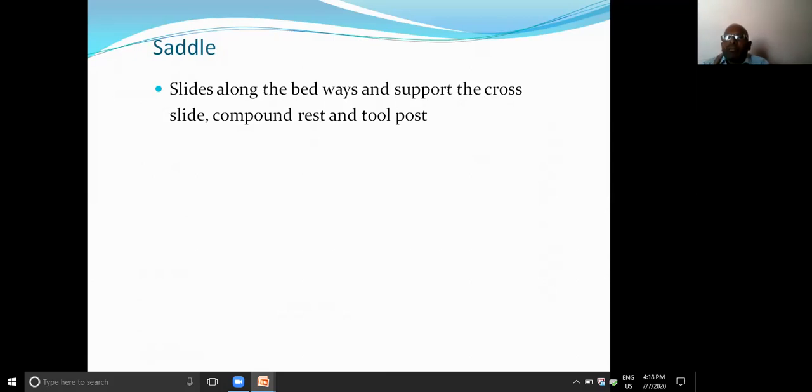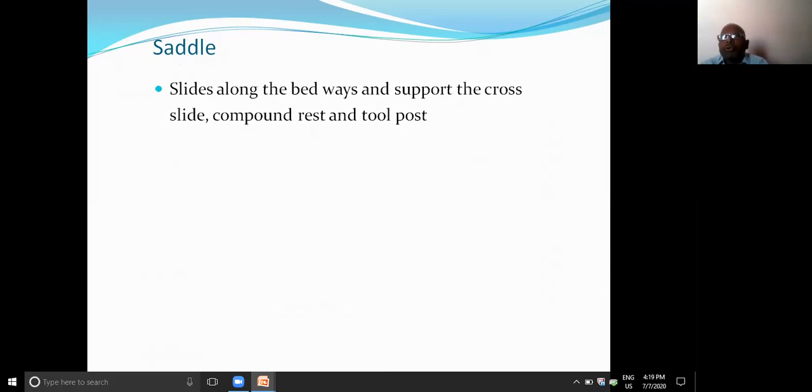Simply by seeing the saddle position, we should get the idea of how the saddle moves over the bedways and how it supports the remaining parts. That is the importance of diagrammatic representation in this subject.